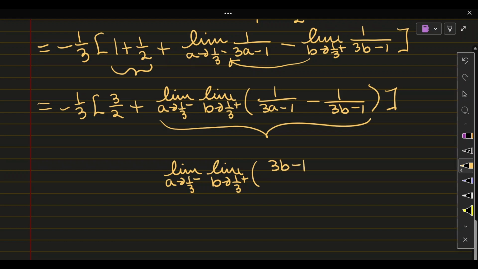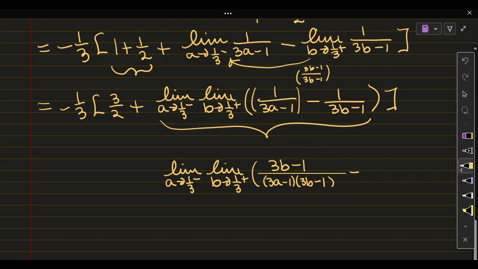3b minus 1 over, so I'm multiplying by what's missing in the denominator, so this one is 3a minus 1 times 3b minus 1. So I multiplied this whole thing by 3b minus 1 over 3b minus 1 to get this here, this whole thing here.